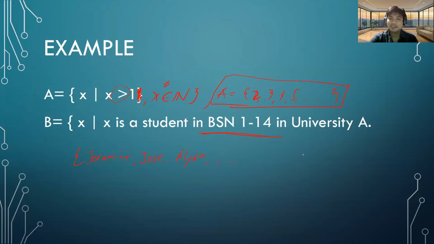So hanggang sa ilan kung you are 44 or 43 in a class, diretso hanggang sa 43 students. So yan. And then enclosed with braces. So yan yung counterpart niya sa listing method.